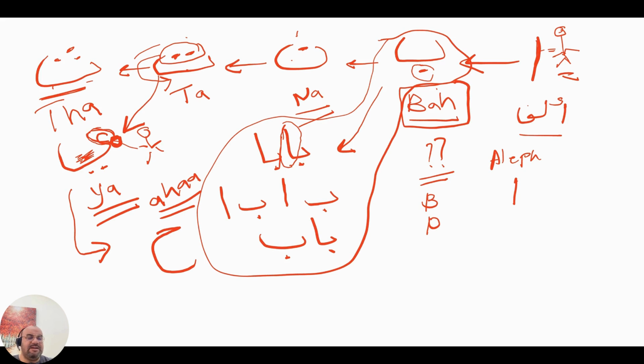How will we write ha? We will start from here, and we will write a small triangle. Then we will come with a big empty abdomen.